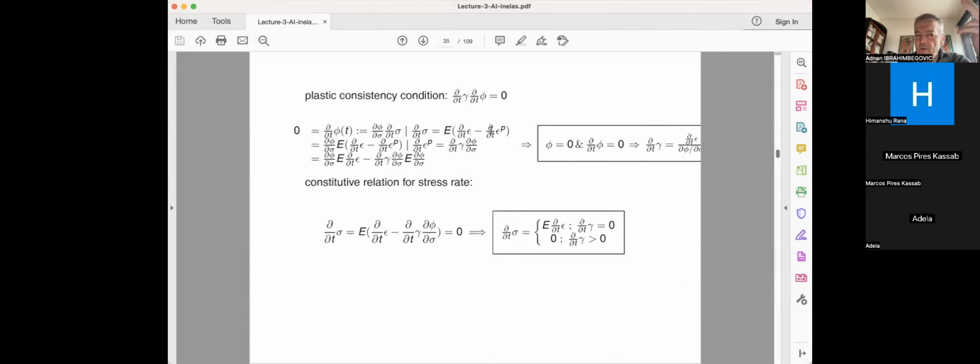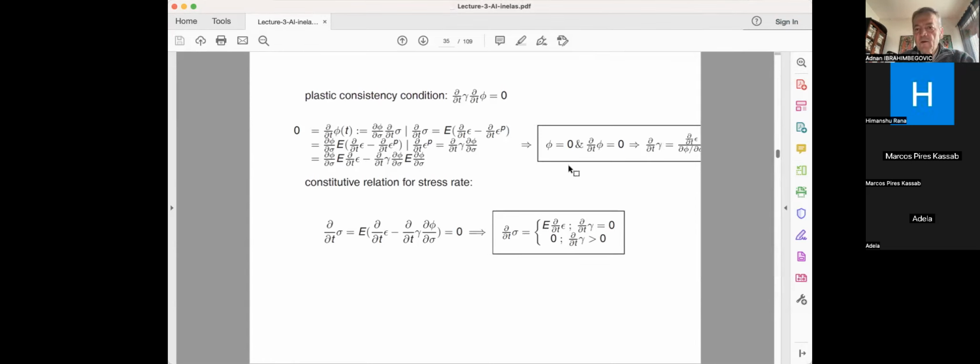Then you take what epsilon plastic dot is, which is gamma dot times d phi d sigma, and you plug it back into this equation and obtain that 0 should be equal to d phi d sigma, which is sign of sigma, times E times epsilon dot minus gamma dot times d phi d sigma. Given that d phi d sigma is just sign of sigma, so sign of sigma squared is always plus 1, you will have that gamma dot is equal to, here is the final result, epsilon dot divided by d phi d sigma.